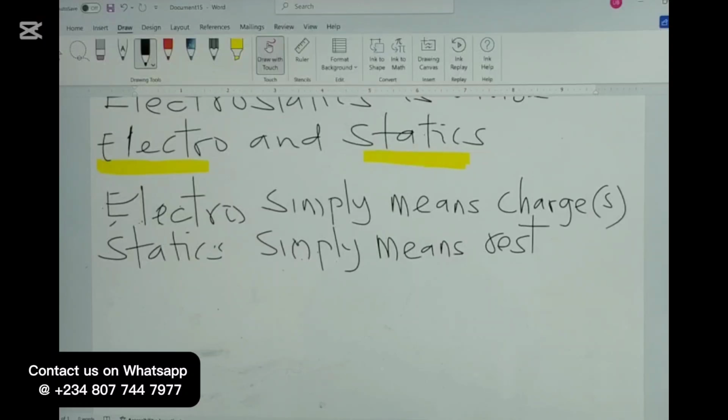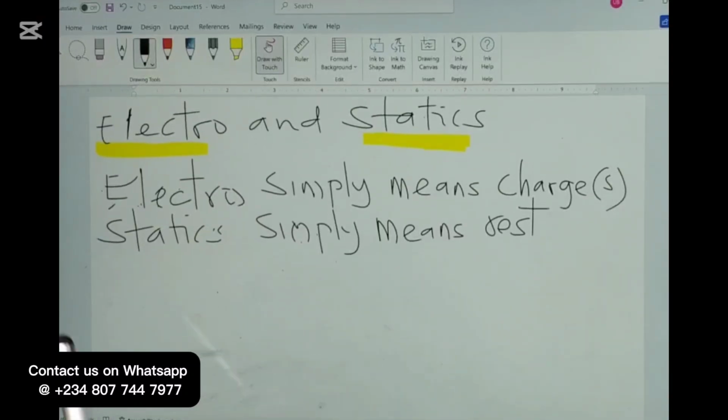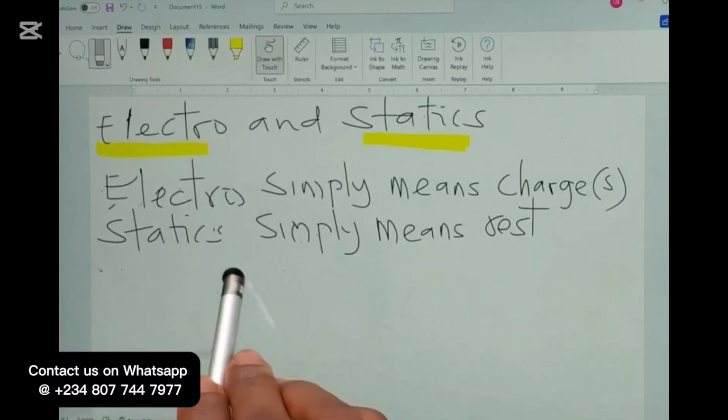So let's know all together what electrostatics is.